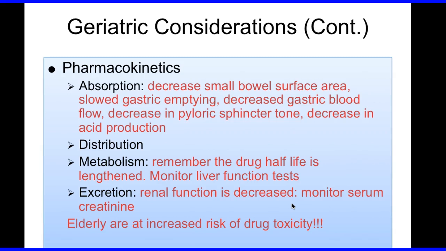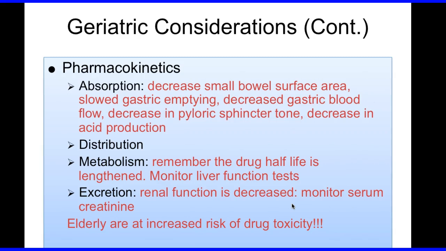Then it's distributed into the tissues, then it's metabolized. And remember with metabolism, remember that half-life we talked about? You're going to need to know the half-life and understand how long it takes for half the drug to be effective in the body.